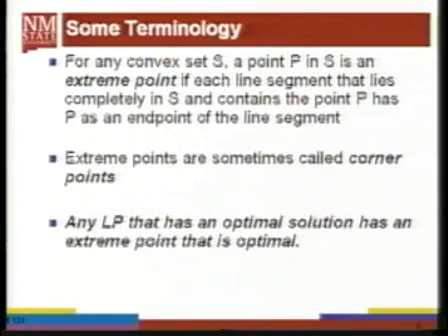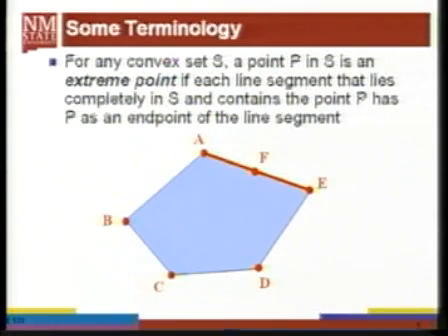Because for any linear programming model, the feasible region will be a convex set, right? Actually, the feasible region of an LP is always a polygon, like this. And the extreme points of this polygon are the vertices or the corners, right?